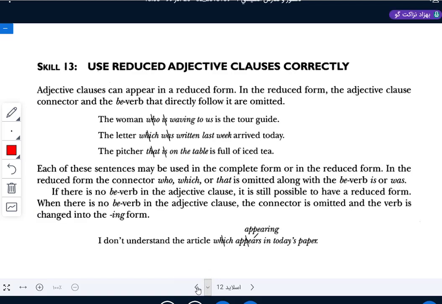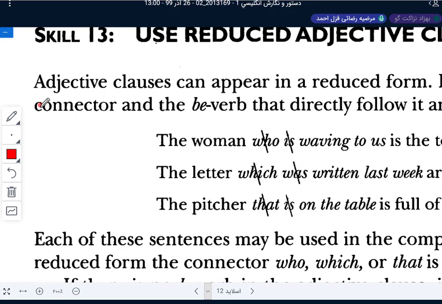Use reduced adjectival clauses correctly. Go on, please. Adjective clauses can appear in a reduced form. In the reduced form, the adjective clause connector and the be verb that directly follow it are omitted. Directly follow it means there is no subject immediately after this connector. The woman who is waving to us is the tour guide.